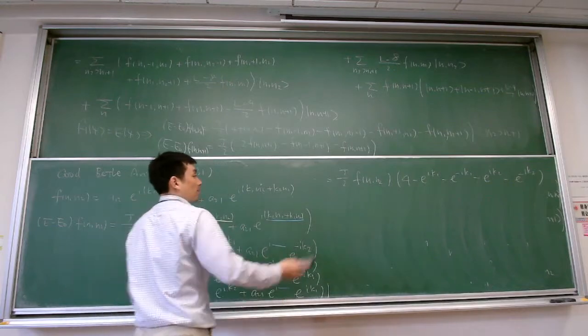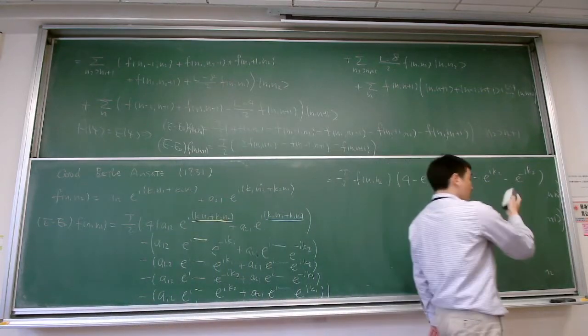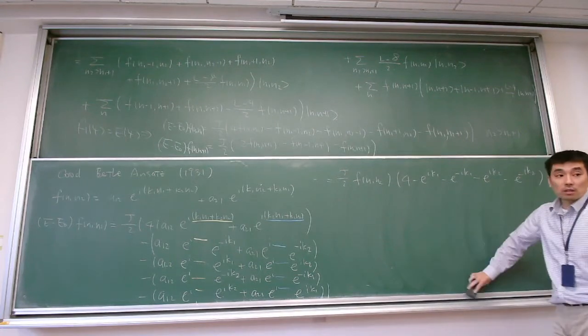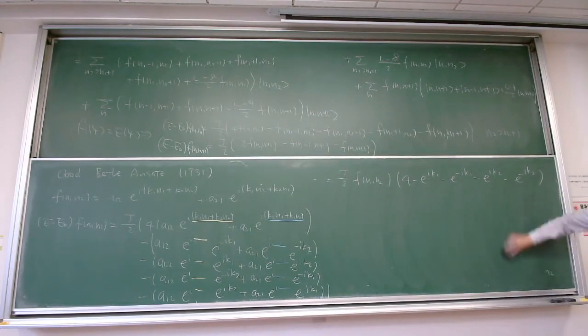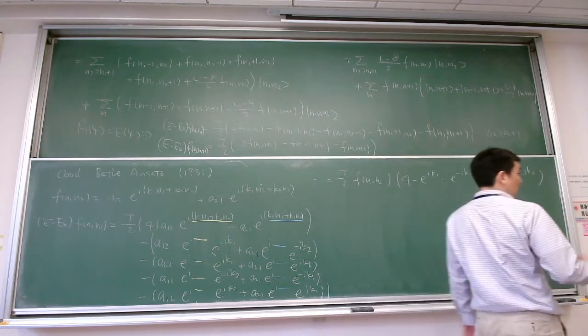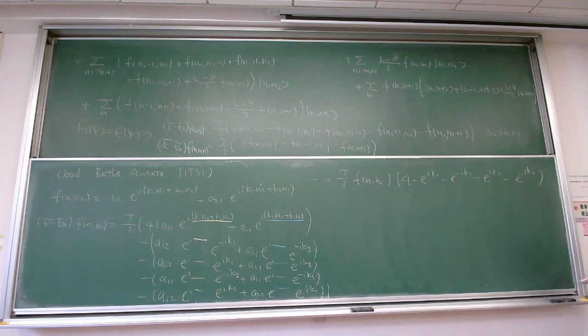Now we find the eigenfunction, eigenvalue of the Hamiltonian. We know the system has a Hilbert space of dimension L times (L minus 1) over 2. Then we just consider coherent states over this L times (L minus 1) over 2 state.